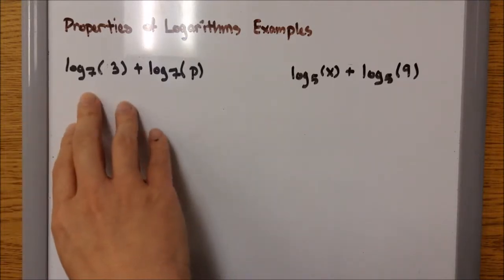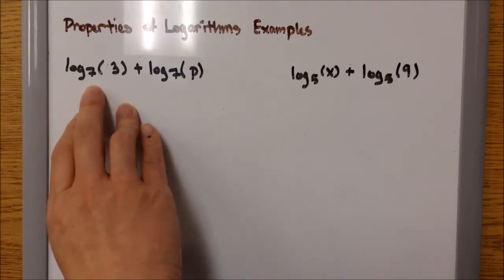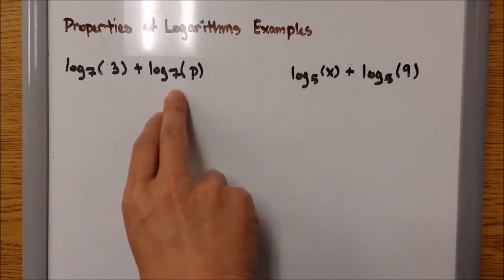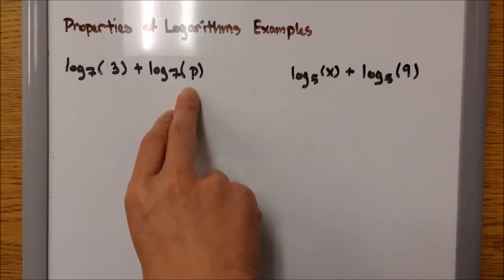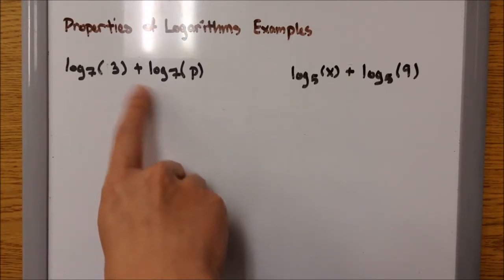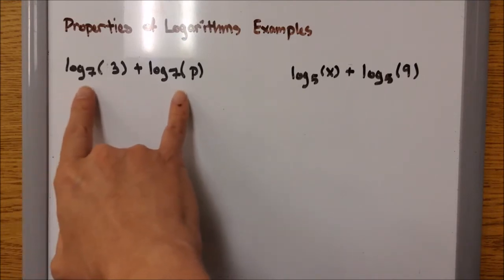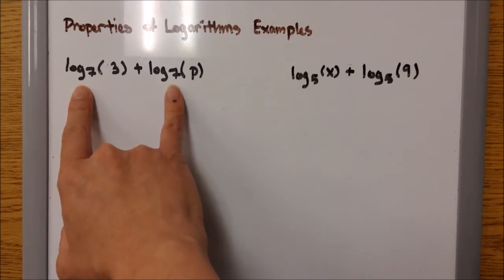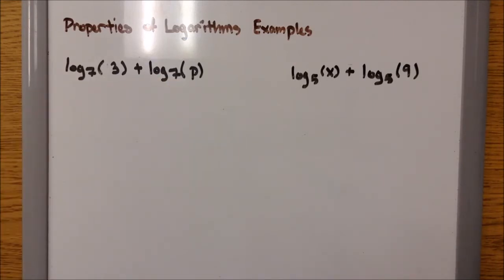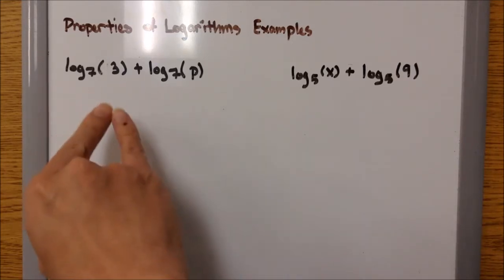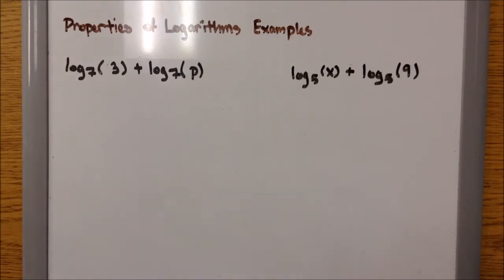So example 3, we have log base 7 of 3 plus log base 7 of p, the letter p. So we see that there's an addition between these two logs and they have the same base. Log base 7 here, log base 7 over here. So the only property that has addition is the product property. So in this example, we're going to combine them as one log.